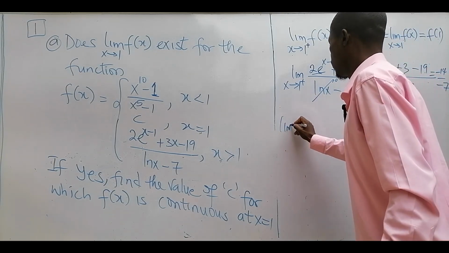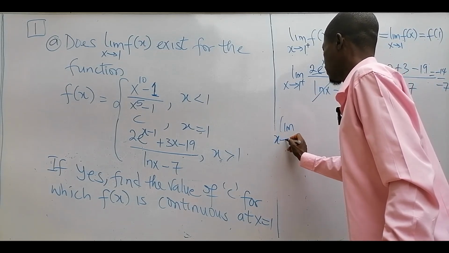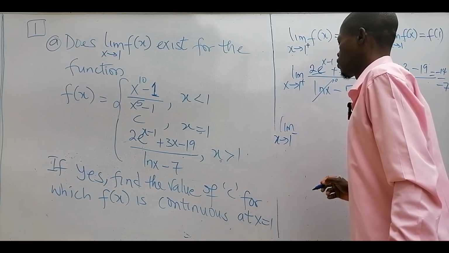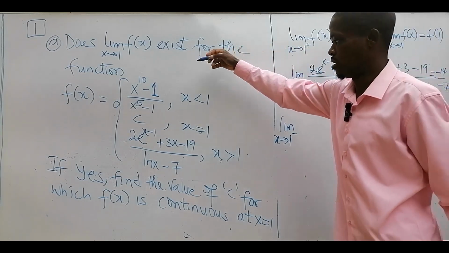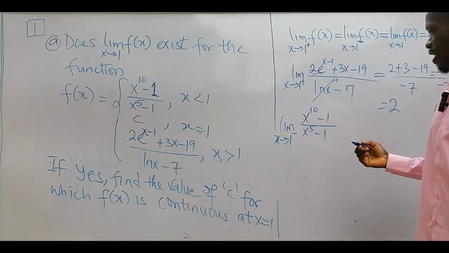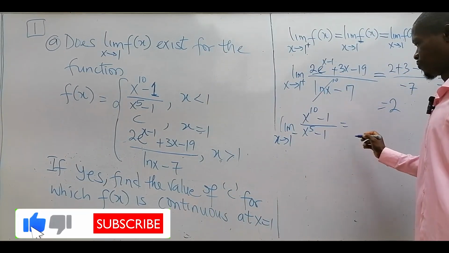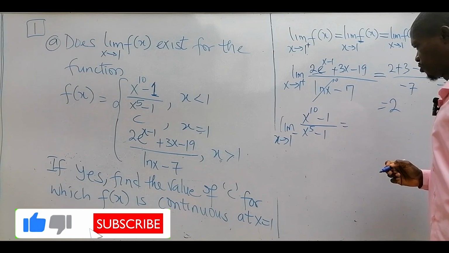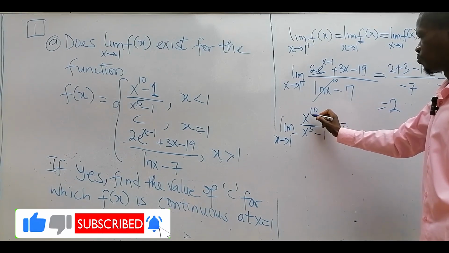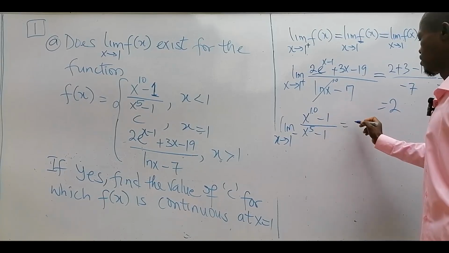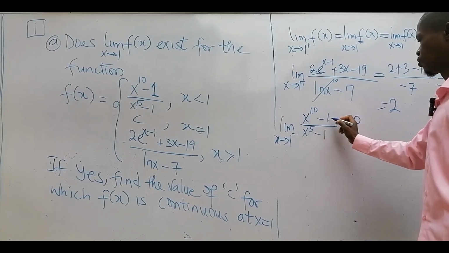Let's get the limit of f of x as x tends to 1 minus, the left side of that function. And that is this. Then do your direct substitution. We are going to have 1 to power 10, that's 1. So that's 0. That's 1 minus 1.